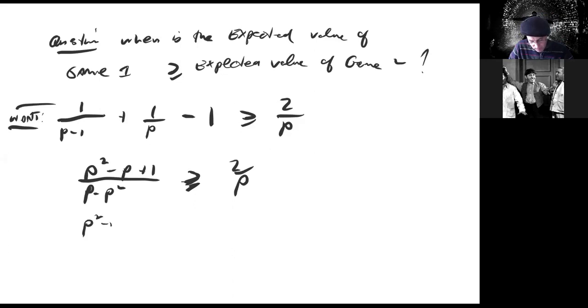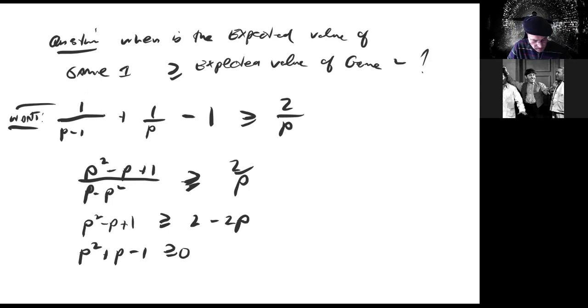We get p squared minus p plus 1 is bigger than or equal to, after some cancellation, 2 minus 2p. And then this can be converted to p squared plus p minus 1 is bigger than or equal to 0. Now, when is that true? We can look at the roots of this quadratic in p.